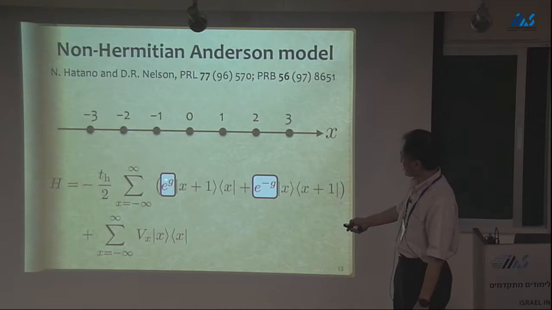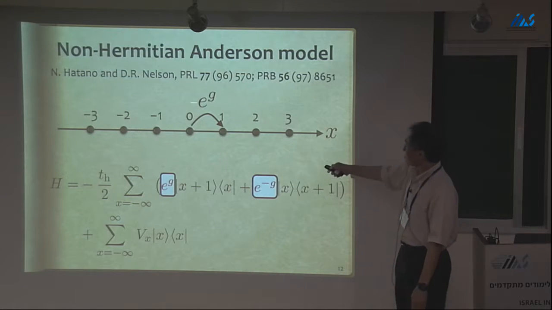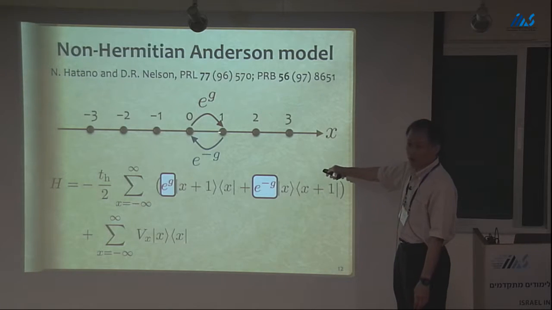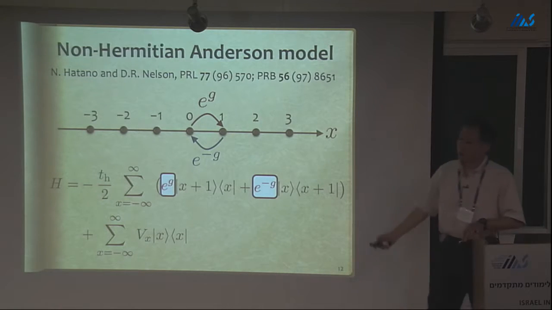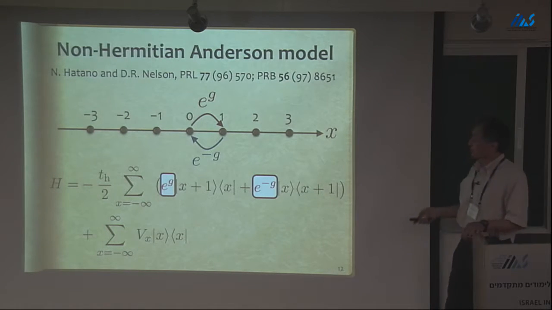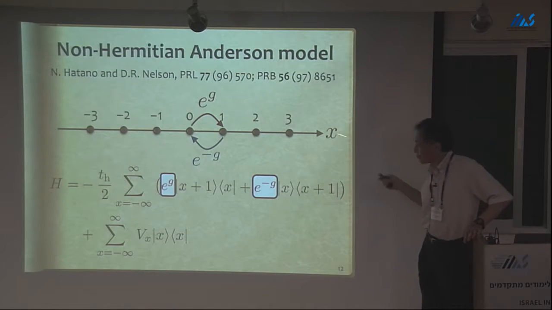Because I choose g as a real parameter, this is obviously non-Hermitian. So the right-going amplitude is greater than the left-going amplitude. So there is a preference in this direction, to the right.